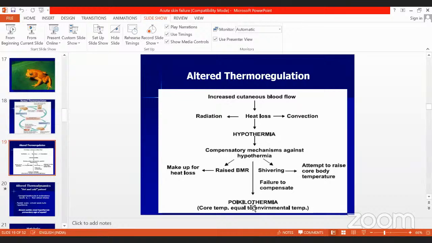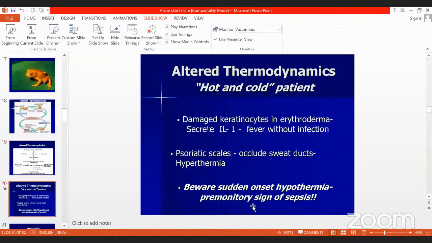But remember that in a very hot environment, for example, if the patient is in Rajasthan in the middle of summer, he may become hyperthermic. Whereas if he's in Jammu Kashmir in the middle of winter, he may become hypothermic. So it's important to maintain an ambient temperature when taking care of these patients. That's the take home from this.